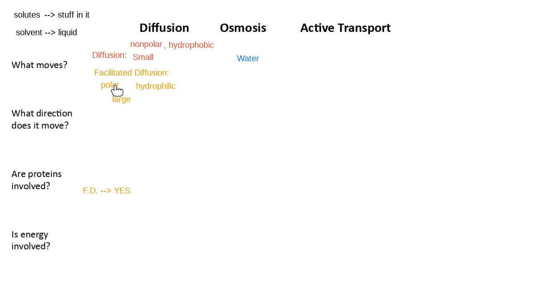These are the kinds of things that I'm going to need a protein to help me move across the membrane. So if I'm moving something that's polar, if I'm moving something that's hydrophilic or something that's large, I could do that with the process of facilitated diffusion. In regular diffusion, we just go straight through the membrane because we match the membrane or because we're really small.